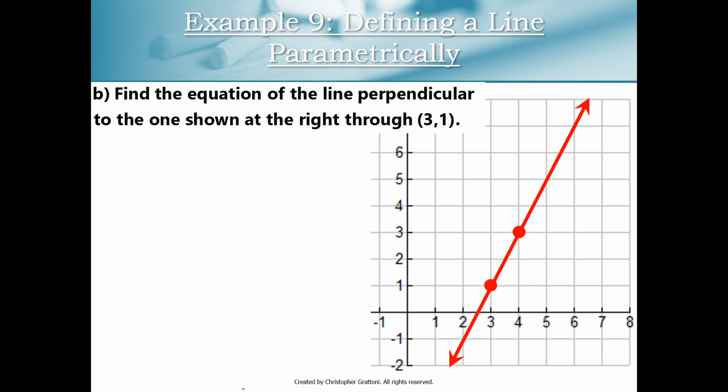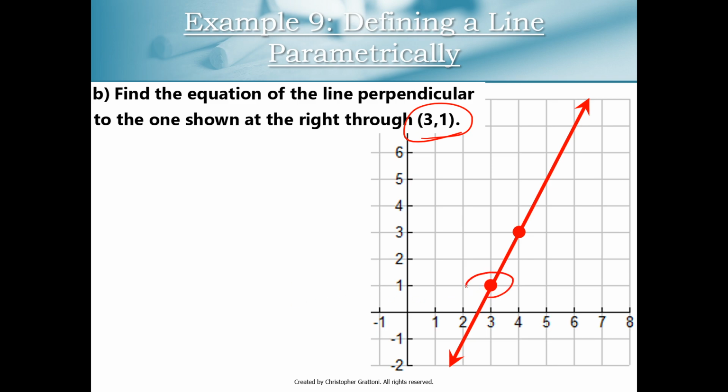Perpendicularity, we could really take advantage of dot products. If you take the dot product of two vectors, when the dot product is 0, those two vectors are perpendicular, and we can use that to force some perpendicular lines. So in this problem, I'm keeping the same line, but now I want to find the equation of the line that's perpendicular to the given line and passes through the point (3, 1).